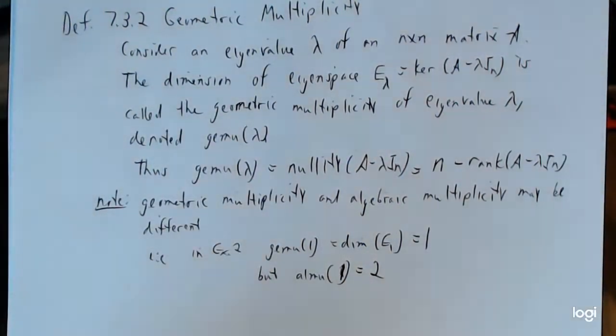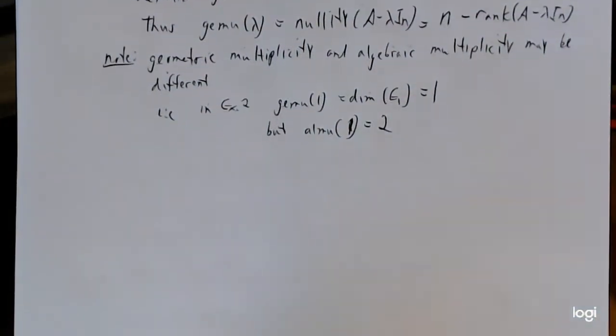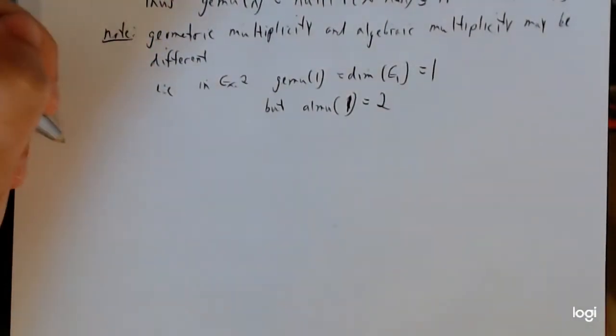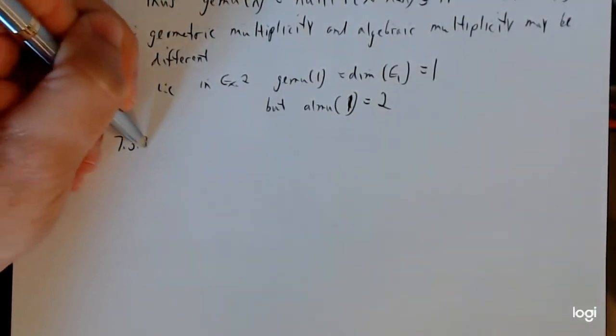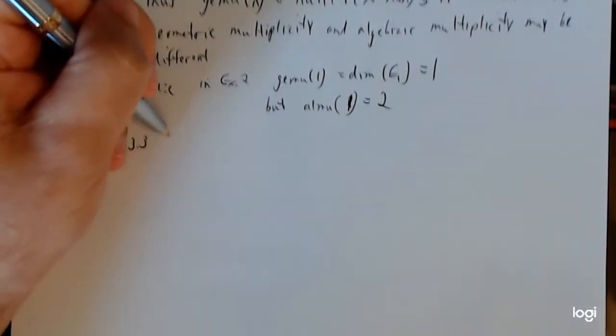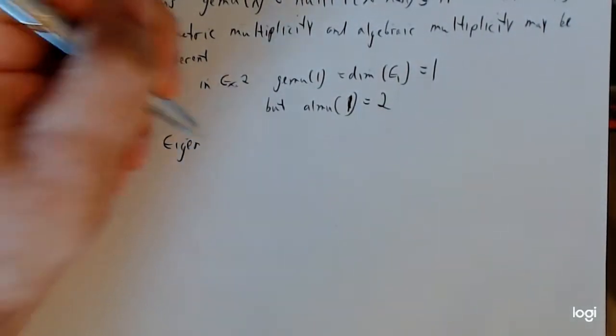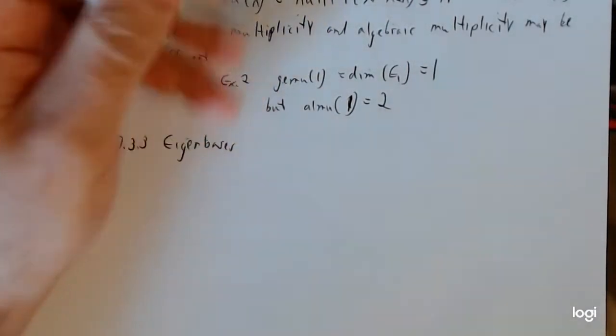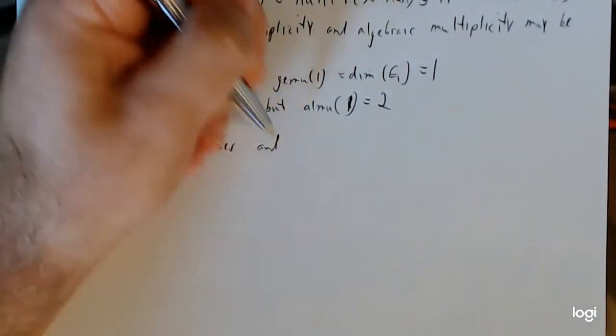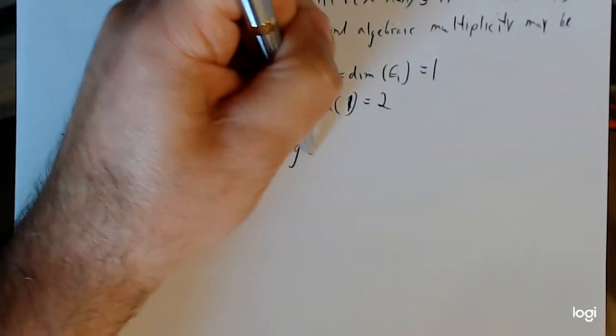Okay, so now let's move on to our next theorem, which will talk about eigenbasis and geometric multiplicity. It'll compare the two, and we'll start seeing a relationship between the two.